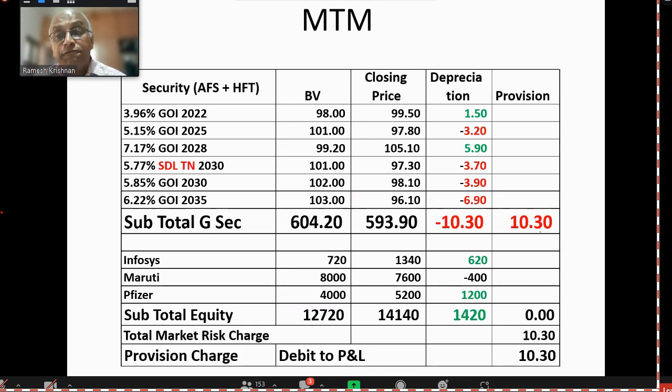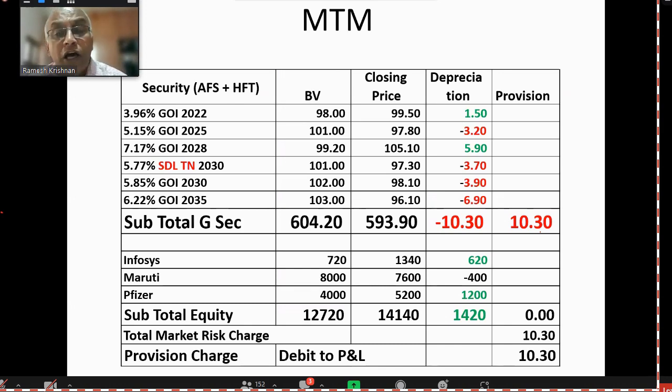Uniformity, because FBIL is coming out with the closing price. So 98 rupees you are holding, 99.50, 1 rupee 50 paise is your appreciation on that particular bond.